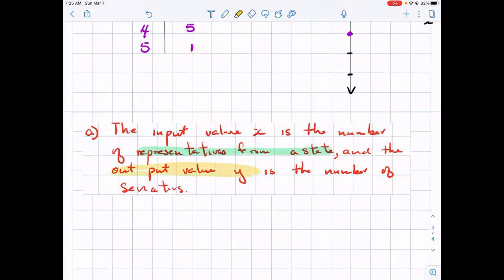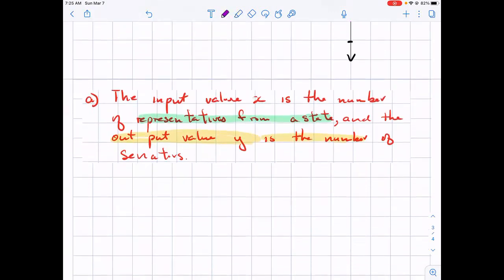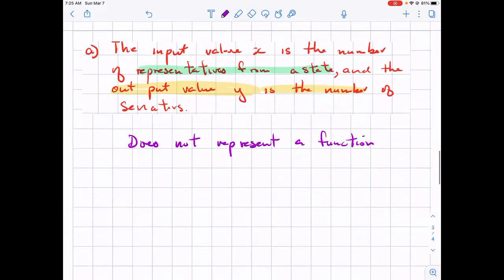The output value, okay. So this does not represent a function, because that y value is a constant value. The y value does not change. It's a specific value.